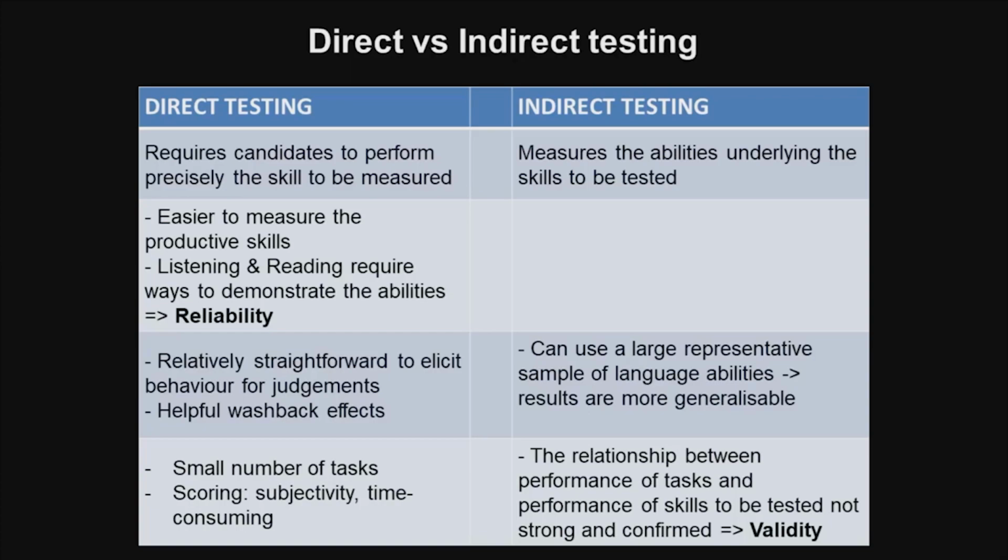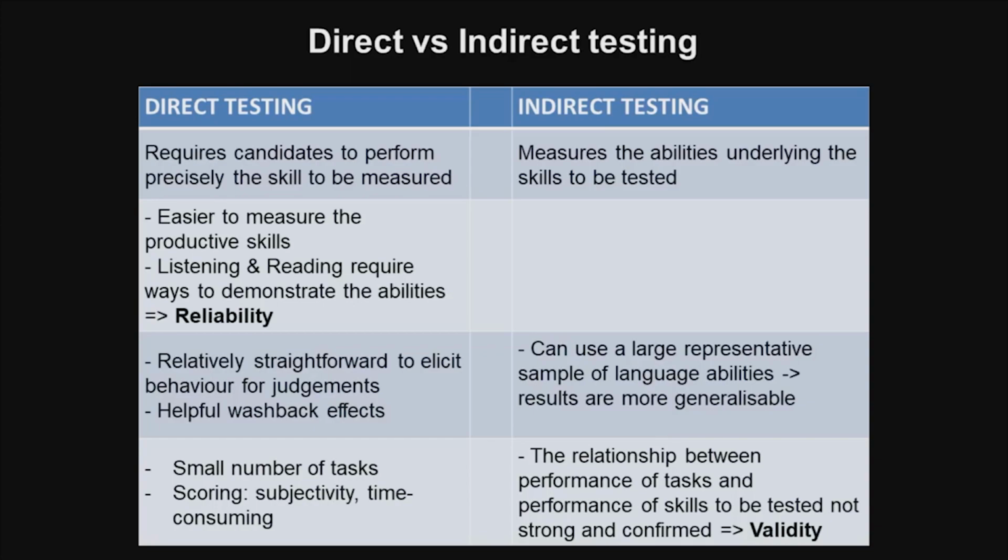So you can use many items instead of one, like in direct testing. And because you can have a large representative sample of language ability, the results can be more generalizable than the results of direct testing.